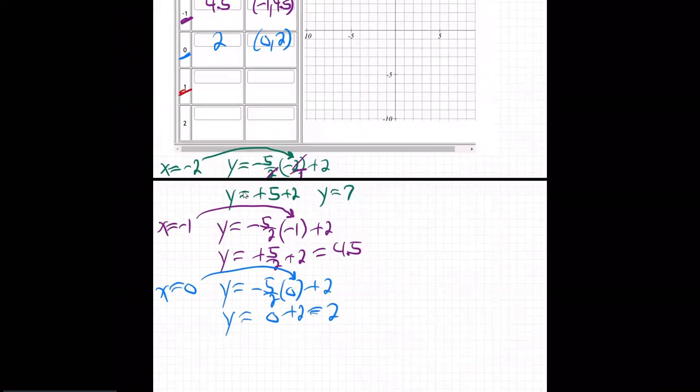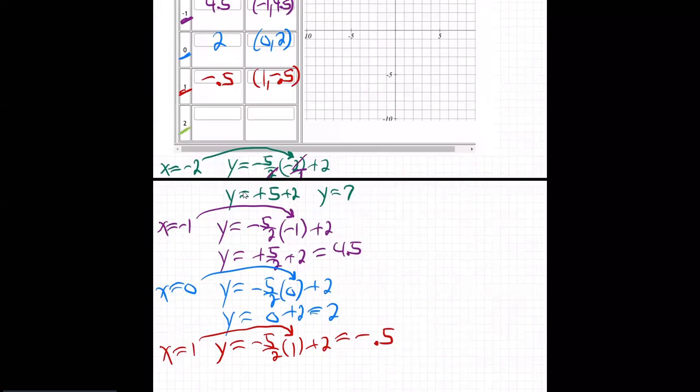Next one, plug in 1. X is 1. Y is -5/2 times 1 plus 2. If you hit the buttons on your calculator, you'll get -0.5. So that's 1 comma -0.5.